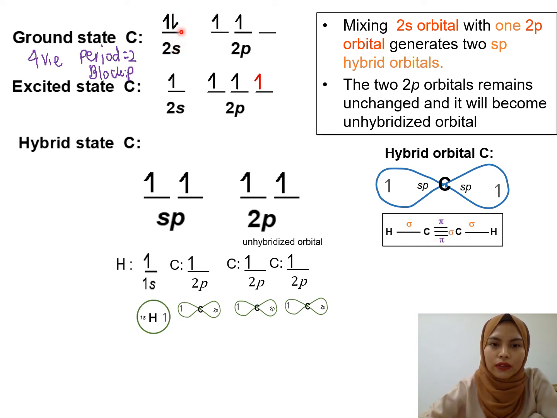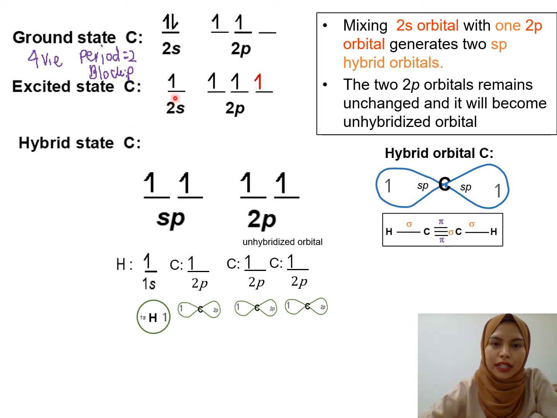So one of the electron dekat 2s ni akan di-excitedkan supaya sekarang ni akan ada 4 single electron. Okay, so one of the electron dekat 2s ni akan di-excitedkan kepada empty orbital di 2p. So sekarang this is how the excited C will look like.